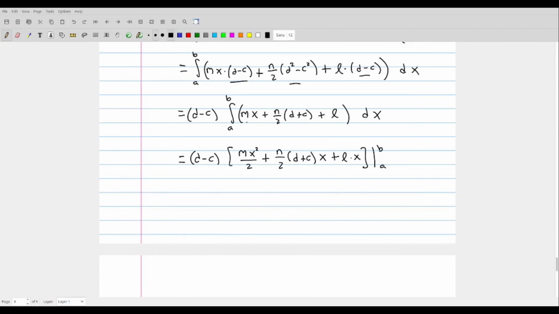Because the integral of mx is mx squared over 2. The antiderivative of n over 2 times d plus c is constant, so it's going to be n over 2 times d plus c times x. And same thing with L here, the antiderivative of that is going to be L times x.